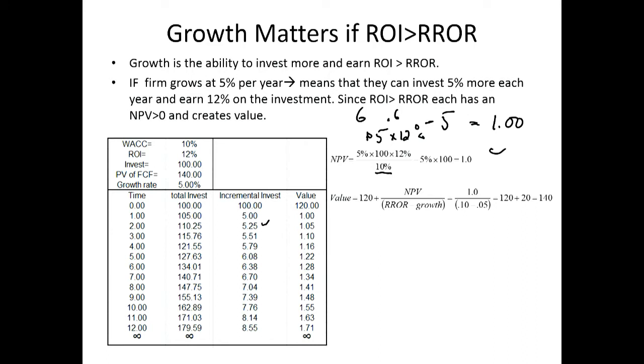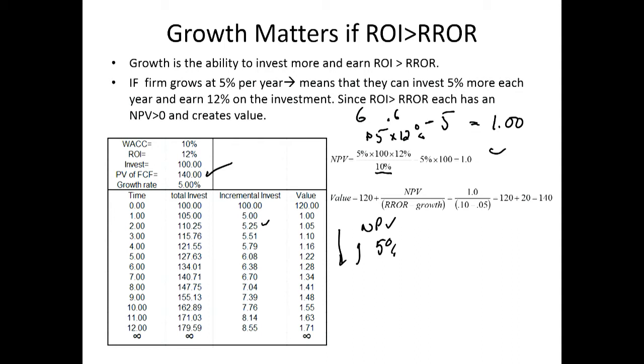In other words, the NPV grows. Every time I do this, the NPV grows at 5%. So if I assume that I'm able to grow at 5% per year, and every time I make an investment I earn 12% on it, the present value of all those future cash flows is just 140.